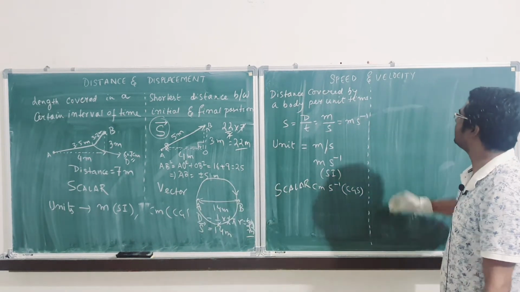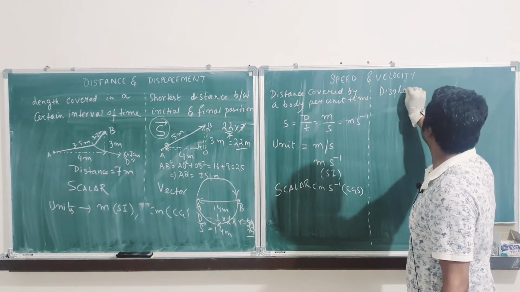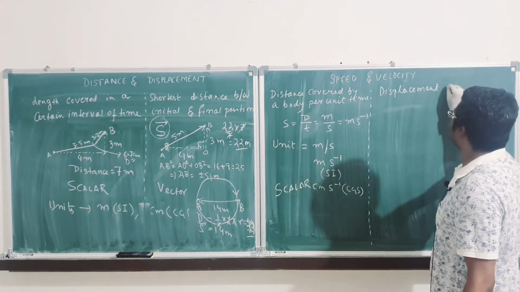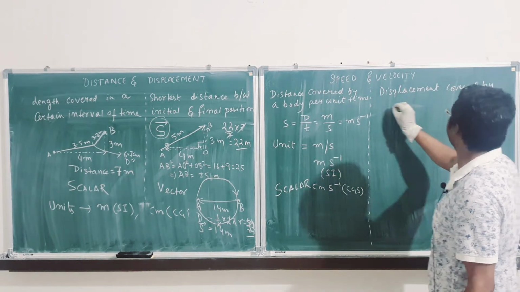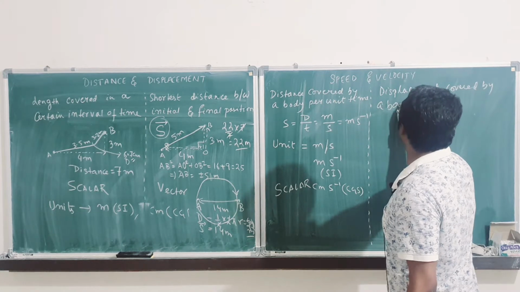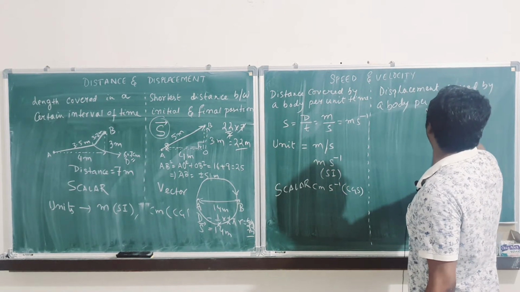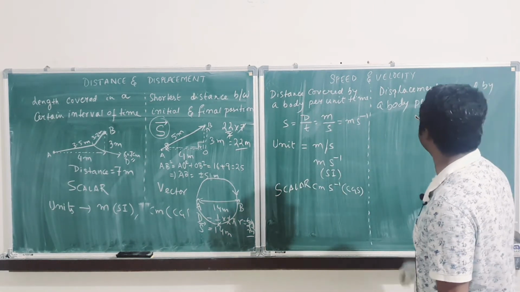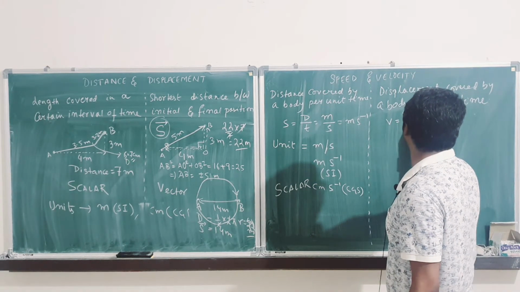What is velocity? Velocity is displacement covered by a body per unit time. It is denoted by v, displacement per unit time.